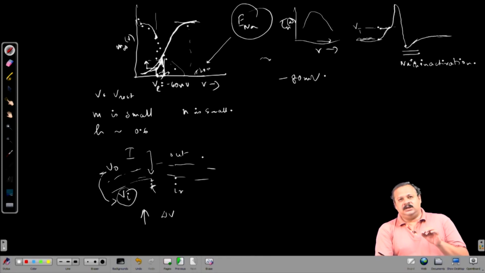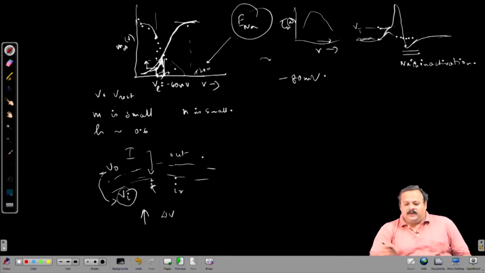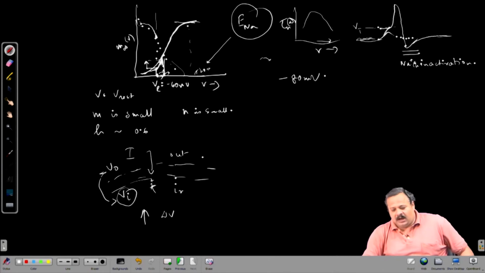When the current injection is happening, that particular voltage needs to be crossed, only then there will be an action potential. Otherwise, if the depolarization is not large enough, it is going to come back down and not produce an action potential.